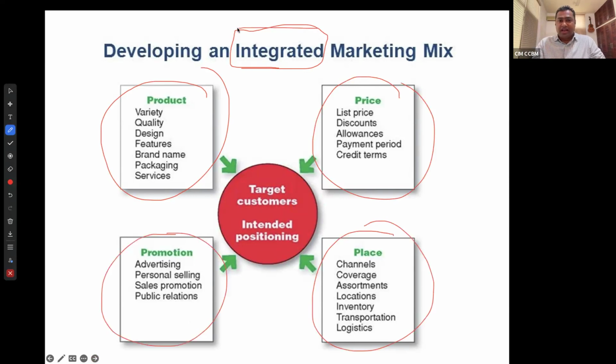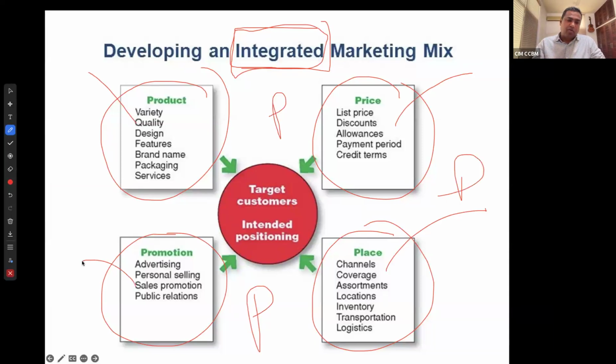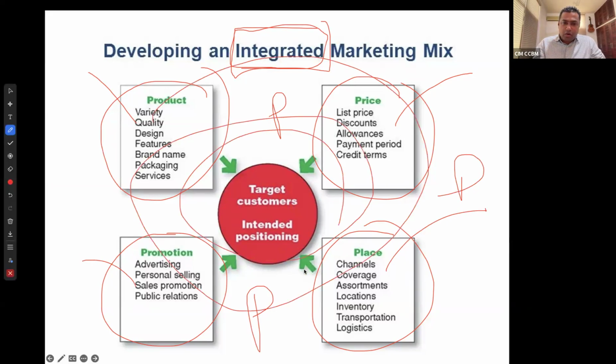That is called an integrated marketing mix. Having the best product in the world means nothing if it's not priced properly, the location is bad, if the people are bad, if the physical evidence is bad, if the process is bad, and if the promotion is bad. So all 7 P's must have a knock-on effect and be integrated.